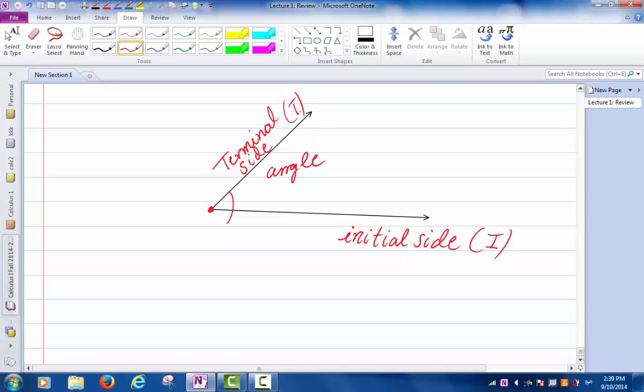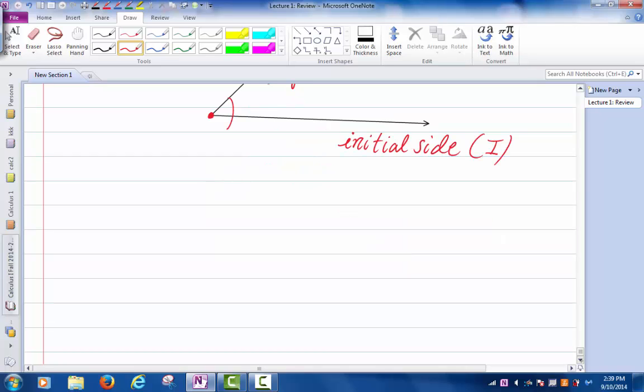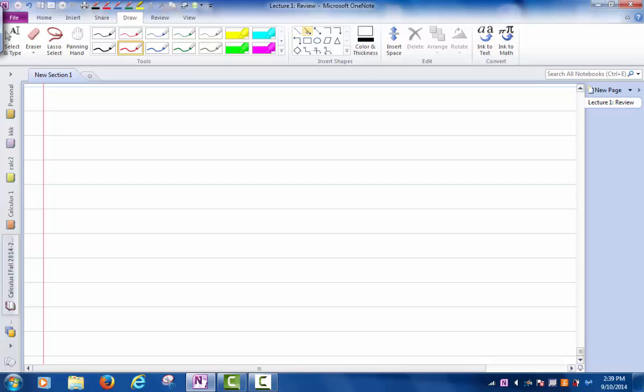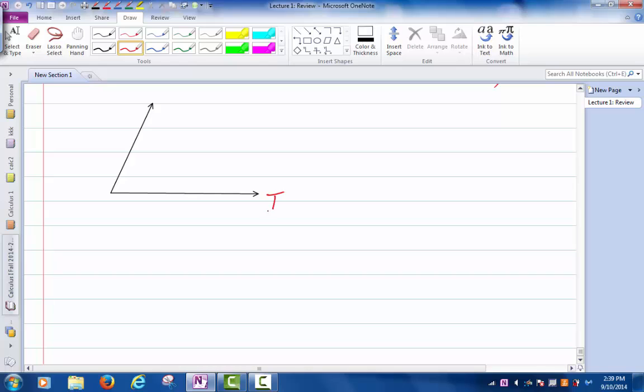Suppose that I have this initial side, and this terminal side, so I and T. Let's say this angle is obtained by revolving the terminal side counterclockwise. Then this angle is a positive angle.